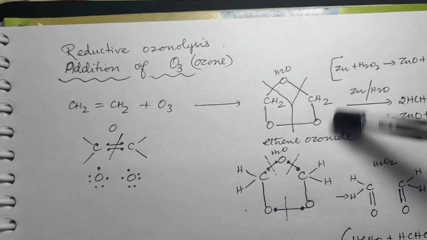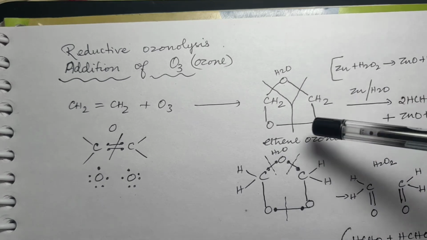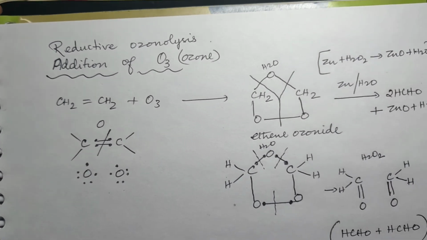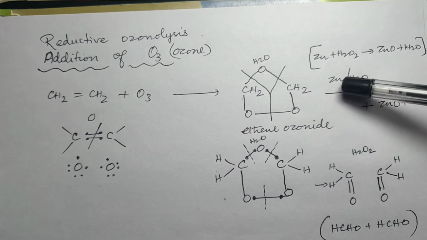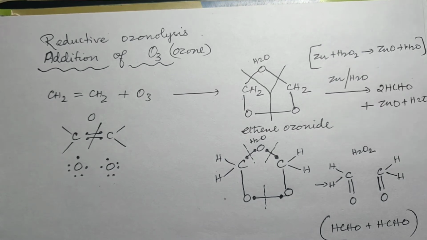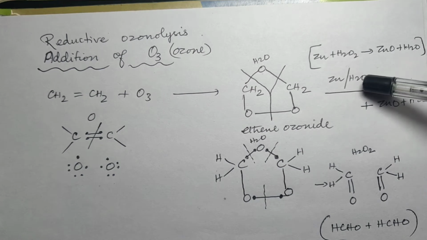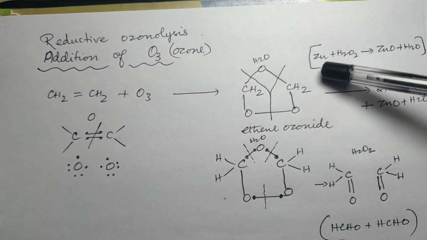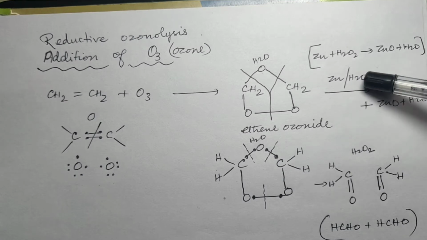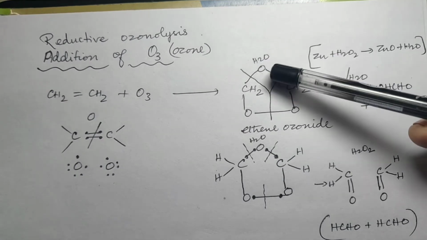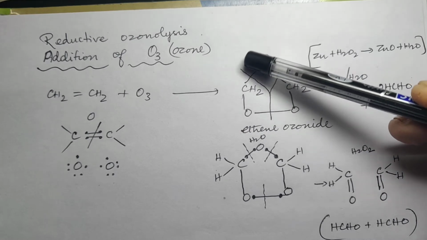This is ozonide. Now this ozonide is undergoing hydrolysis in the presence of zinc dust. I'll tell you the function of zinc. Now what is happening? See, this water will go away with this oxygen as H2O2.